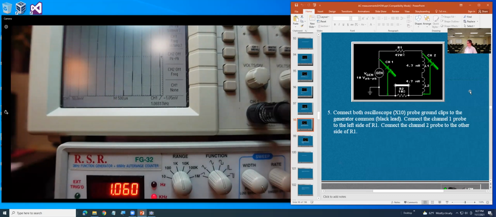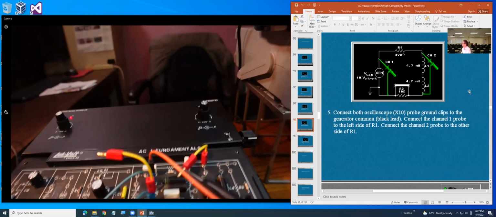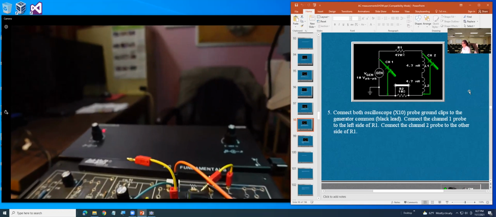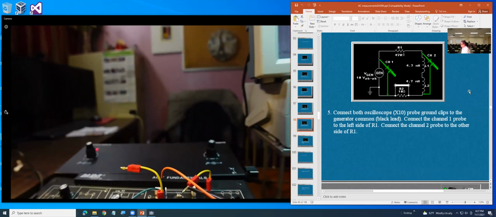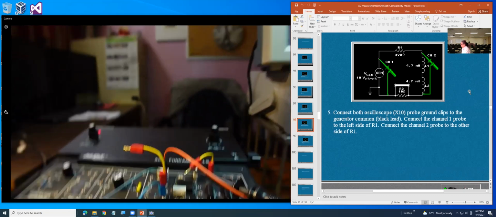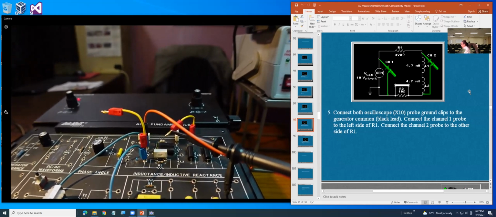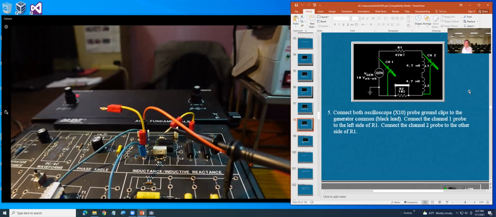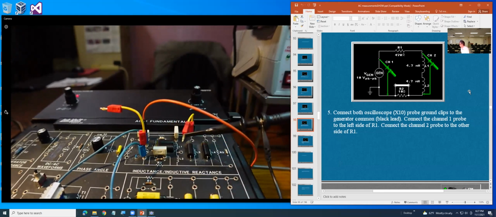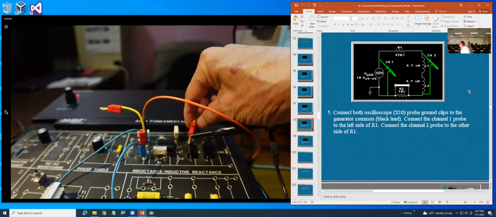Okay, I will show you the connection. So you see this is the scope channel 1 here, and this is the scope channel 2.